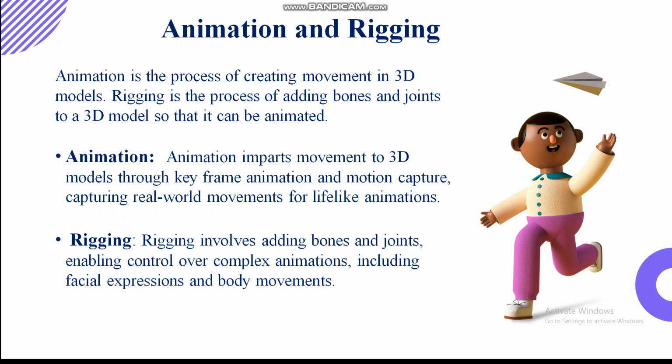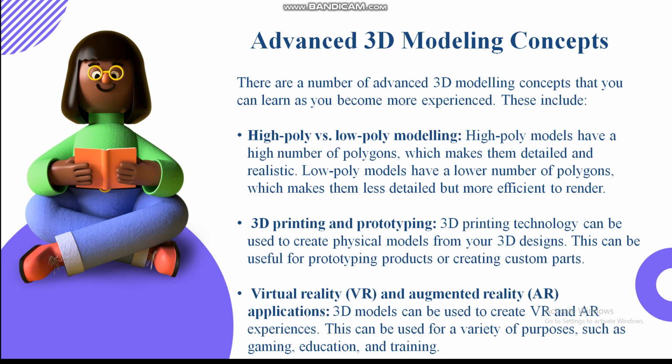Moving on, animation and rigging. Animation is a process of creating movement in 3D models. Rigging is a process of adding bones and joints to 3D models so that they can be animated. Moving on. Advanced 3D modeling concepts.